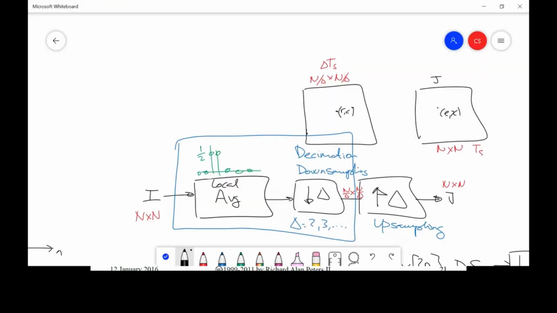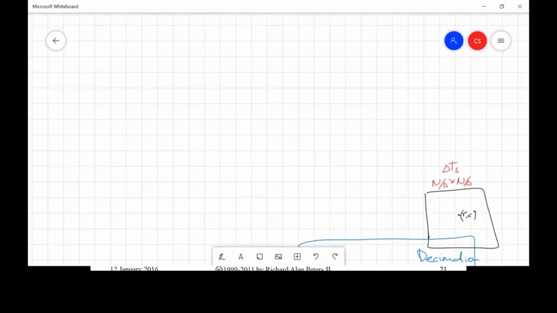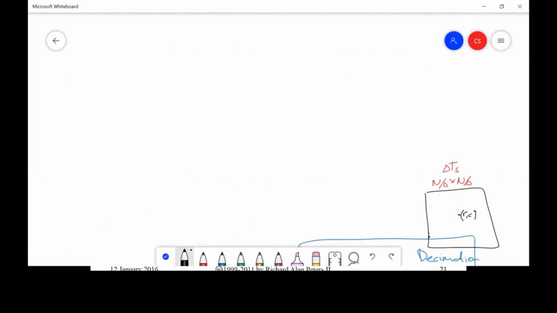We are familiar: 8 bits per channel. So we have the 3 channels, the RGB, and we use 8 bits per channel. So in total you have 24 bits.